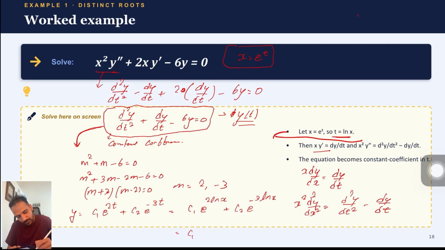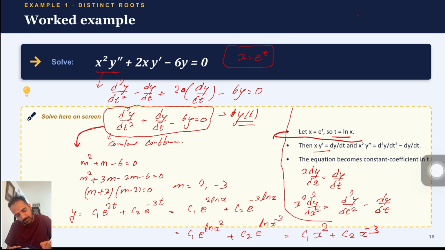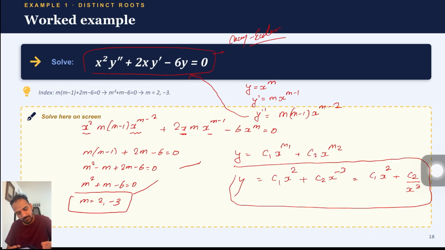This will give you c1 e^(ln x²) plus c2 e^(ln x⁻³). This is finally c1 x² plus c2 x⁻³. Okay, so this is how we get the same answers that we have obtained in the previous method.